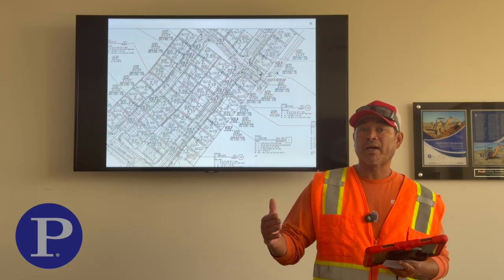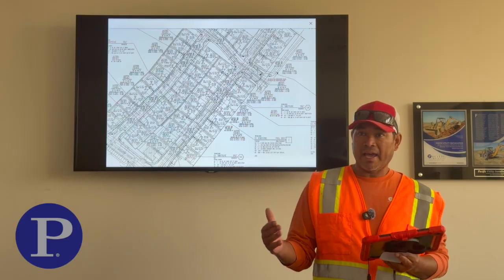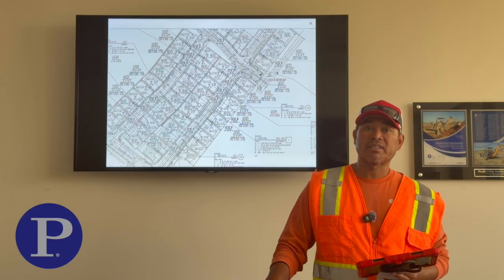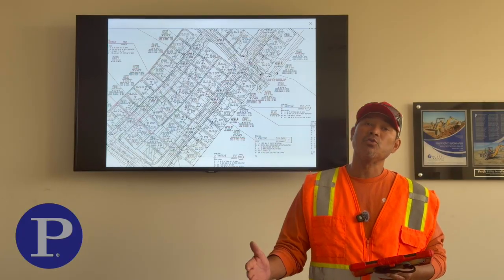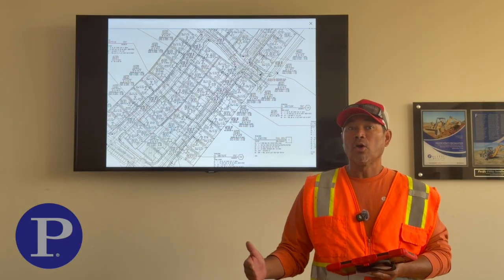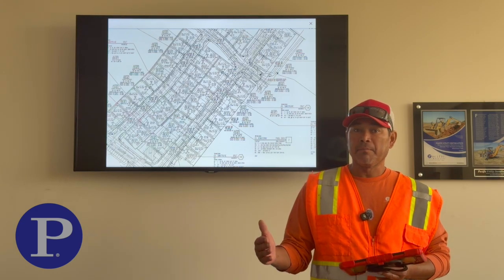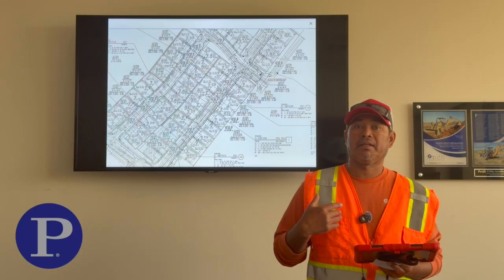So we have to be smart when we're ordering. If a 90, a 45, or a 22 is extra, keep it as safe as possible so we don't damage it. We can use it in another place, but we need to be smart not to over order, or if we over order, make sure we protect our material, because that's your money, and it's my money too.